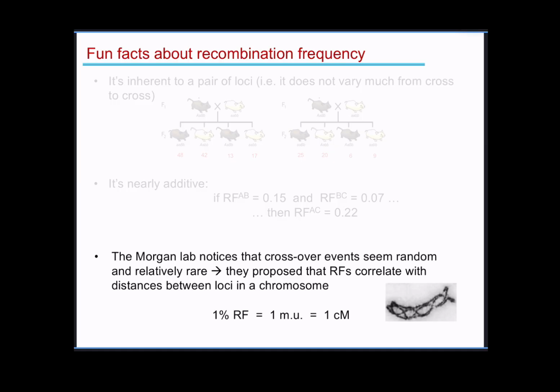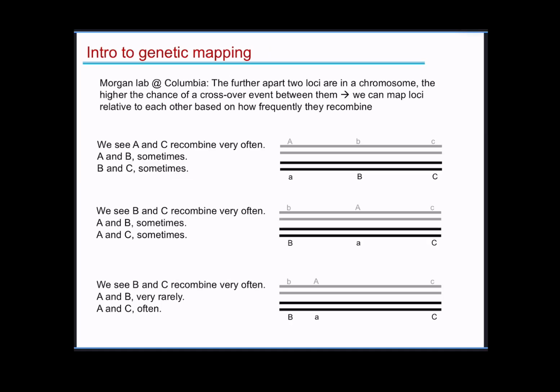It's just the relative distance within the chromosome that will make those loci more or less prone to being recombined by a crossover event, right? So there is no physical correlate with this. This is just based on how often a crossover event will land between these two loci, and therefore how often we might see them recombine. And they're all 1 to 1 to 1. So 1% recombination frequency equals 1 mapping unit equals 1 centimorgan.